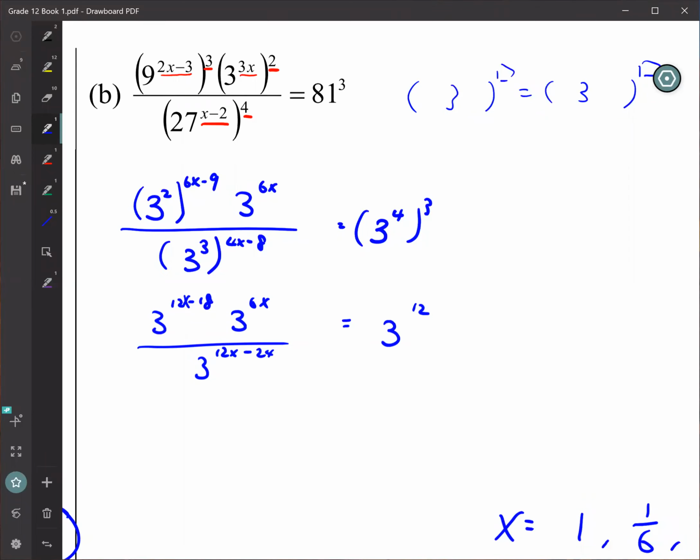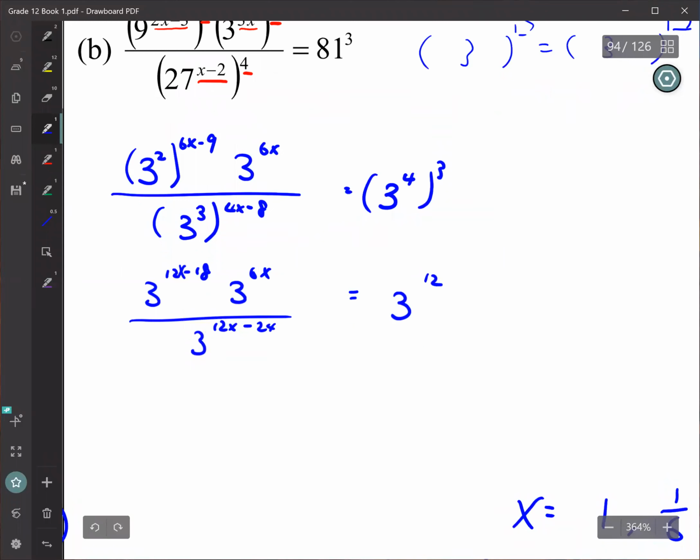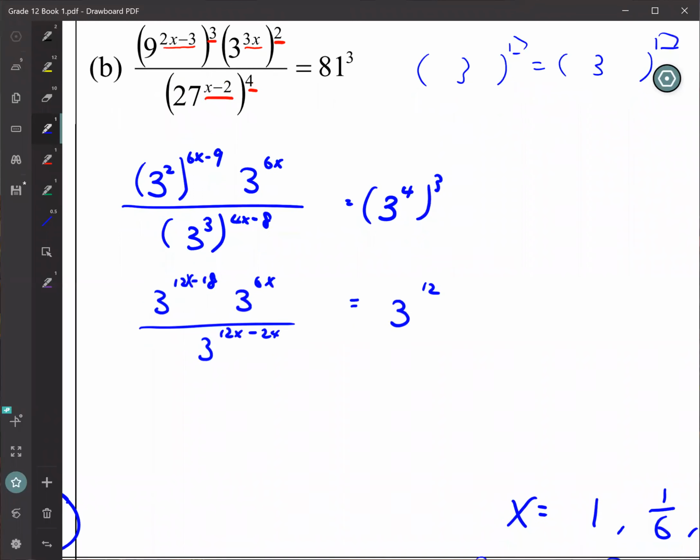Am I going too fast, or we are doing okay? Right, so I would like to know how you guys simplify the left side now. We have many bases on the left side, 3 of them. So you cannot drop the base yet. You got to simplify before you drop them off, right? So, Ray, how do you simplify the left side?